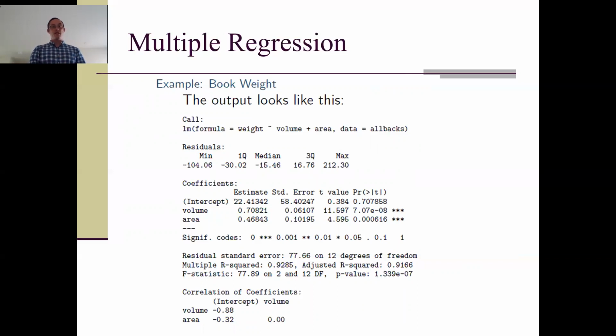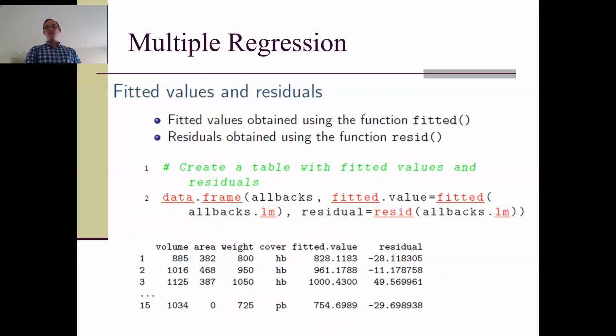Again, the 3 stars are designated below 0.001. You're seeing the discussion on the bottom about the residual standard error. So the residuals are discussed. And here you can see a lot of the other data, the fitted values and the residuals all outlined for this specific examination.